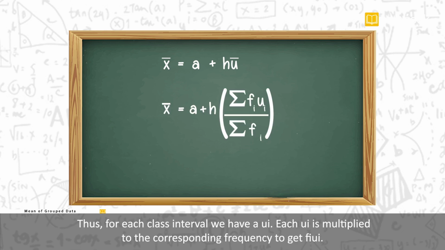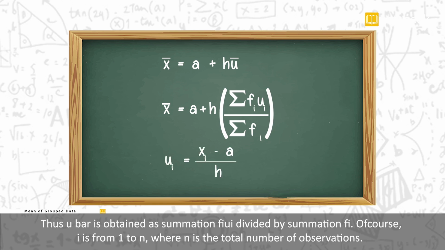Thus, for each class interval, we have a ui. Each ui is multiplied to the corresponding frequency to get fi ui. Thus, u bar is obtained as summation fi ui divided by summation fi. Of course, i is from 1 to n, where n is the total number of observations.